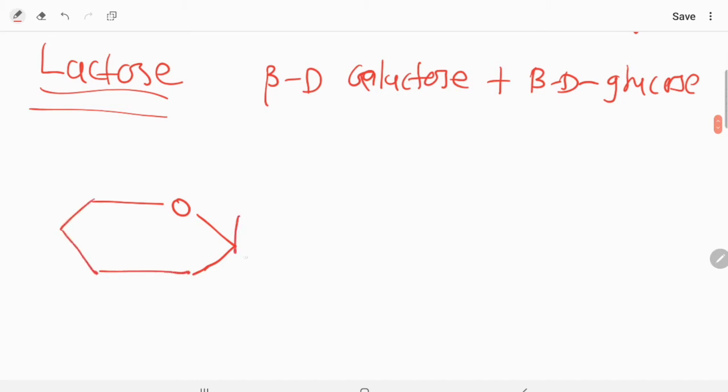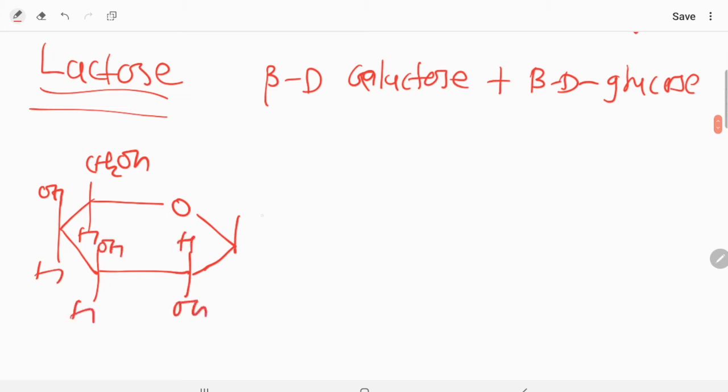There will be bonds. Here there is a CH2OH, there will be H, here it's OH, H, OH, H, HOH, and here H, here there is an OH. Now this is the structure of beta D galactose. It's exactly the same as glucose.